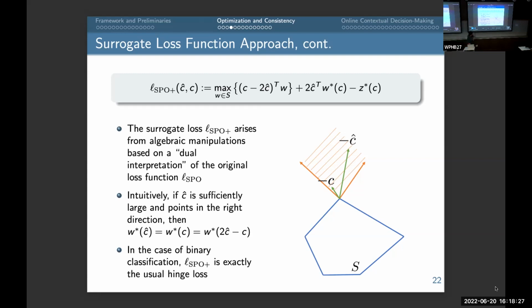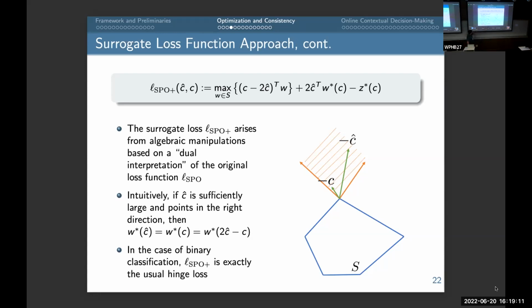So think about the case where you're making a prediction C hat, which leads to this correct optimal solution given the realized value of C. That means that C and C hat lie essentially in the same normal cone generated by this extreme point. In that case, as long as the prediction C hat is sufficiently large and lies in the same cone, what I write here as points in the same direction, then the optimal solution to this maximization problem up here, maximize C minus 2 C hat transpose W, will agree with C. So it'll be the same extreme point up top.